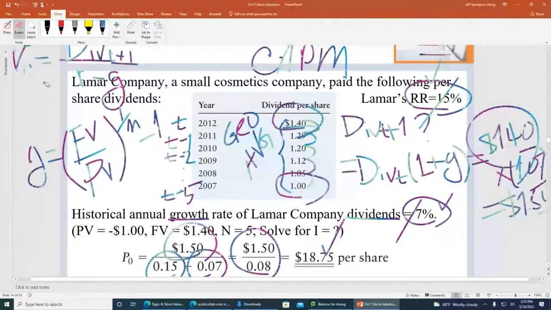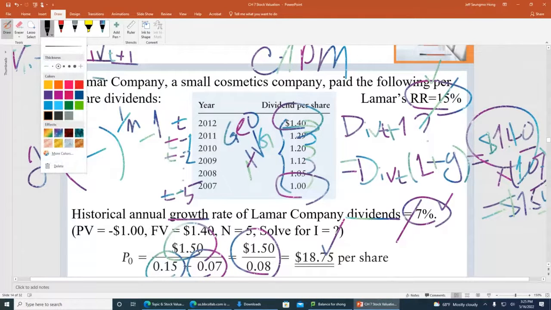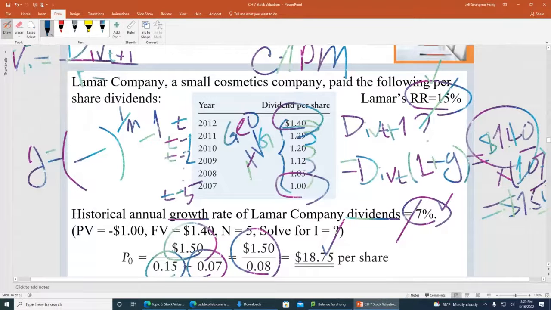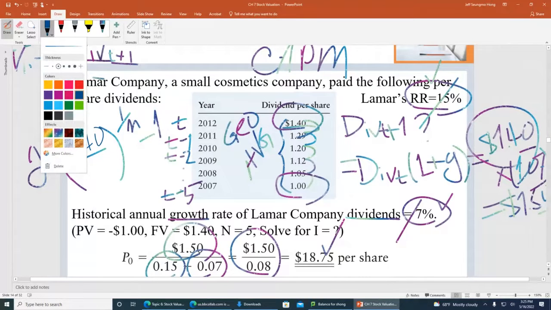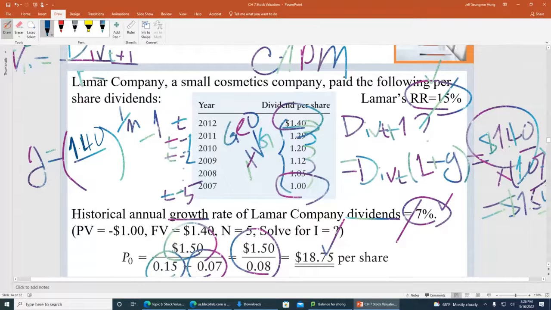So all you need to do is simply $1.40 over $1.